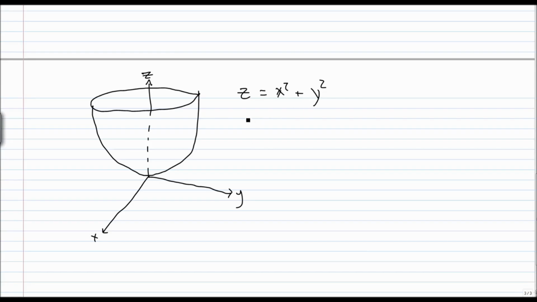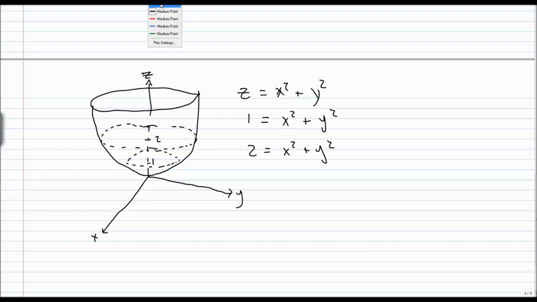When z is 1, what do we have? We have a circle like this. When z is 2, we have a circle like this. So at different values of z, we have these different concentric circles. Maybe that's when z equals 1 and we have this circle, and that's where z equals 2 and we have this other curve. So these are level curves, right?